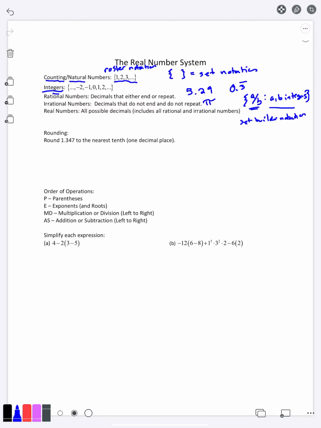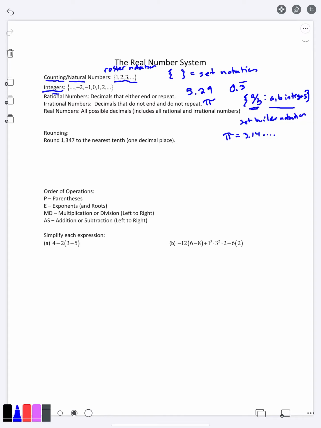Pi, if you care, starts out 3.14, but then it keeps going on, and it never settles down to a repeating number. It keeps changing as you go forever and ever. Irrational numbers are a little bit strange for people at first because you don't see them very often. Pi is one of the ones that you mainly use, but it turns out there are lots and lots more out there, and we will encounter them in this class.